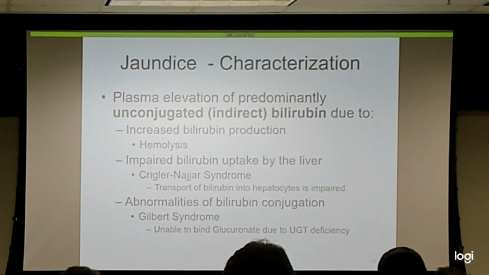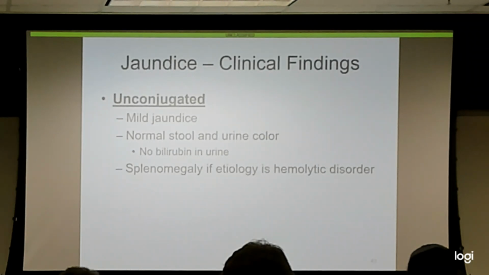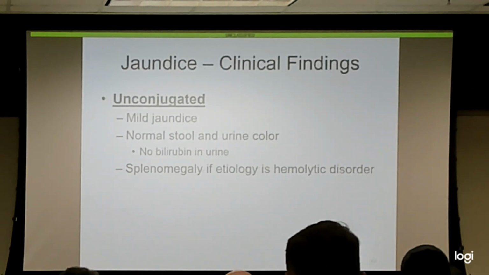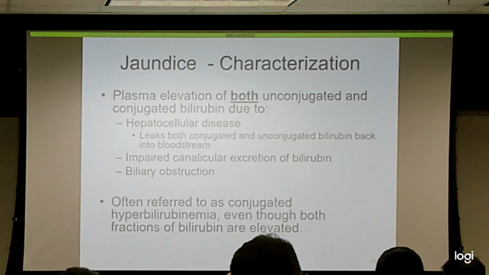So you're unable to bind the glucuronate due to UGT deficiency. And then unconjugated, they might have some mild jaundice, normal stool color, and normal urine, because they're still getting some unconjugated bilirubin through the bowel. No bilirubin in the urine. May have some splenomegaly if etiology is hemolytic disorder.